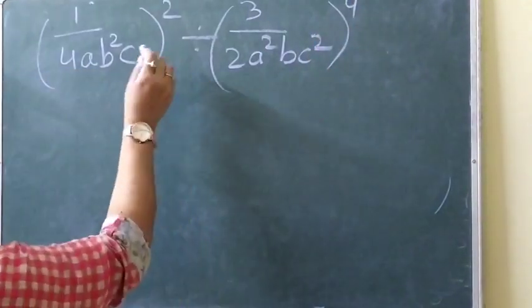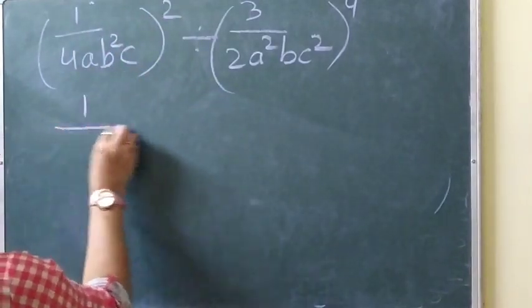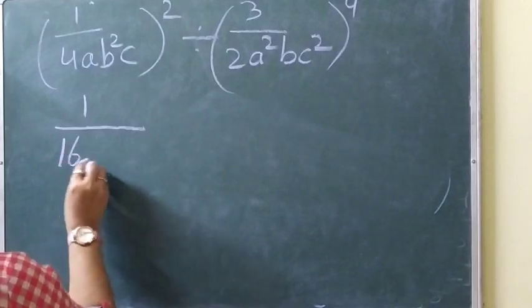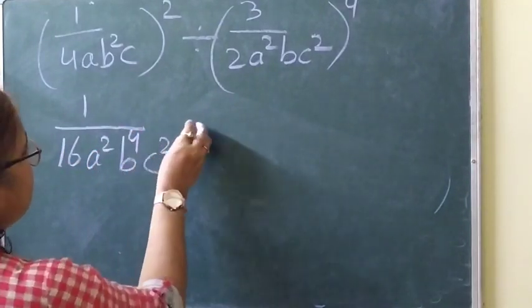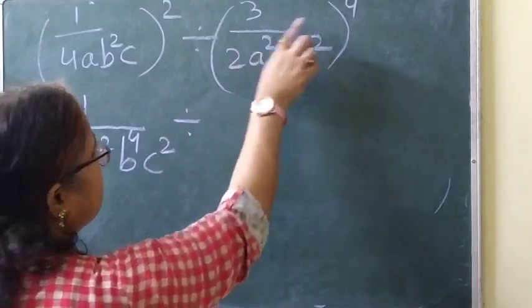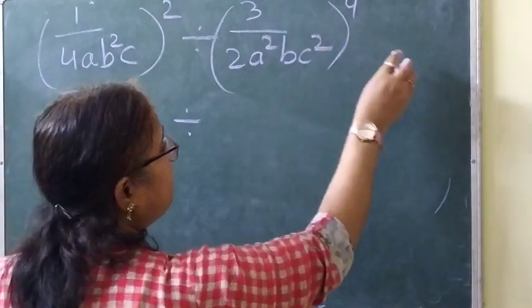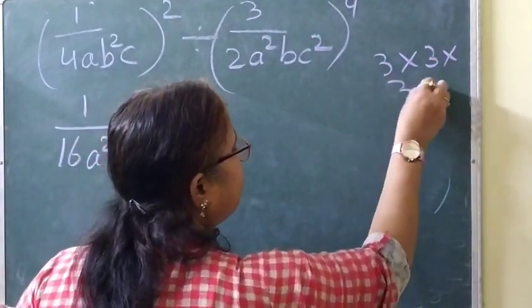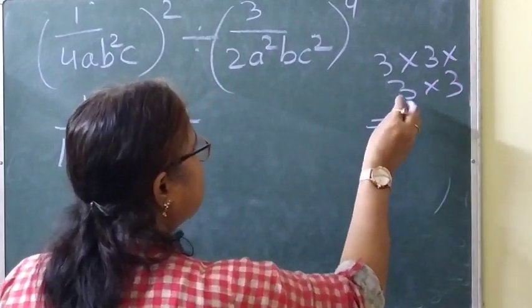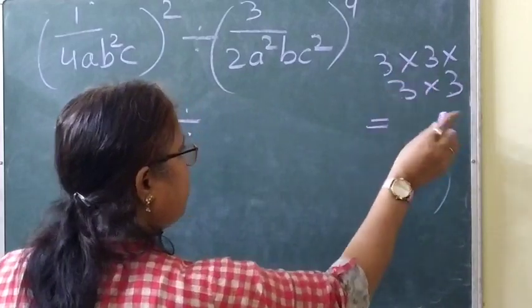Okay, so here the square of 1 by 4: 4 4s are 16, a square, b to the power 4 and c square. Divided by the power 4 of 3 means 3 into 3 into 3 into 3, so 3 3s are 9 and 9 9s are 81.